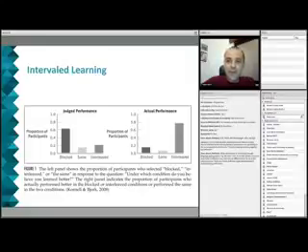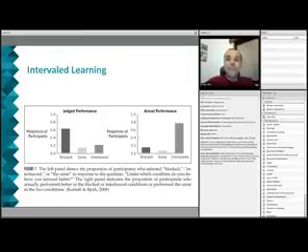However, what was really interesting was that their actual performance, measured by a test a few weeks down the track, was by far higher in the interval learning group.